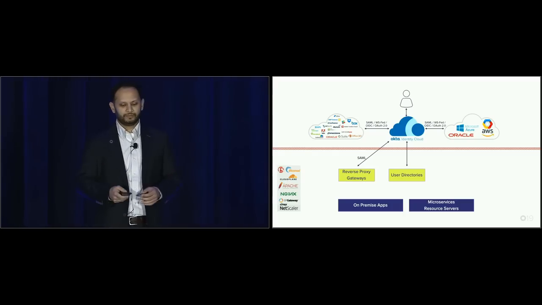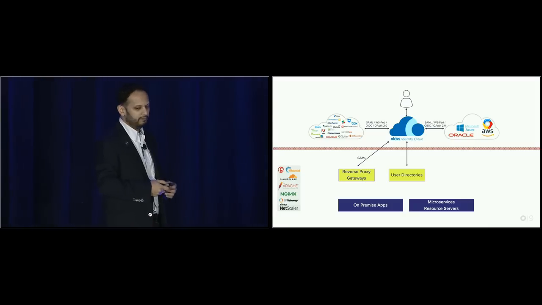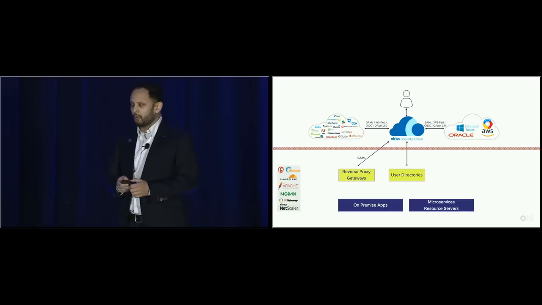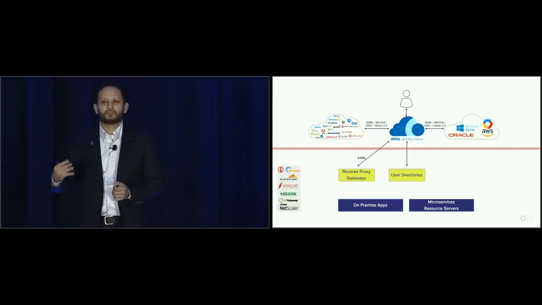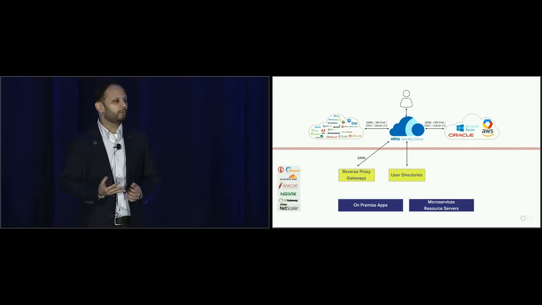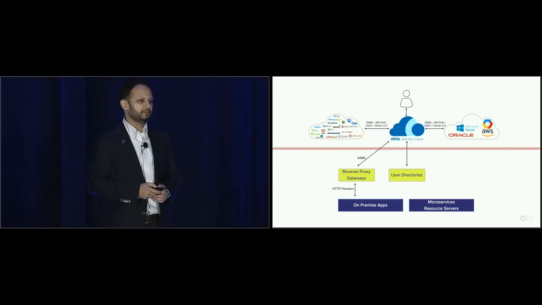So how do I pass those? With our integrations with leading reverse proxies and gateways, be it F5, Akamai, Cloudflare of the world, we can connect to those reverse proxies, which could be sitting in your DMZ, pass on a federated token, be it SAML or OpenID Connect, and those gateways can pass on the HTTP headers to the downstream on-premise applications.